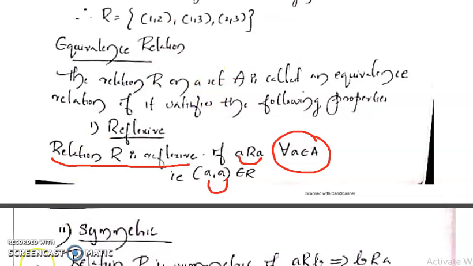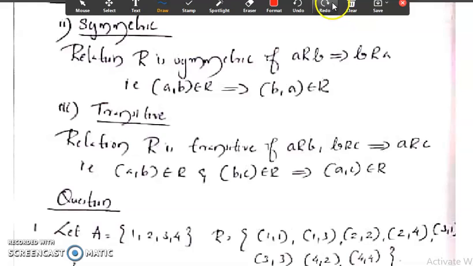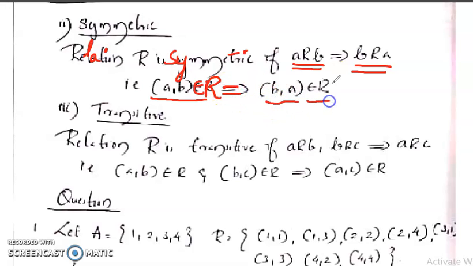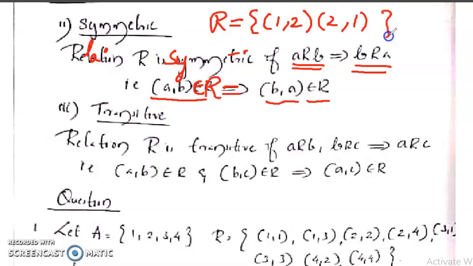Then the next property is symmetric. We say the relation R is symmetric if A related to B implies B related to A. That is, A comma B element of R implies B comma A element of R. Suppose, for example, R contains 1 comma 2, then 2 comma 1 also will be there in R. Then we say R is symmetric.